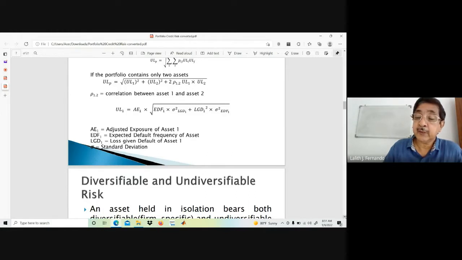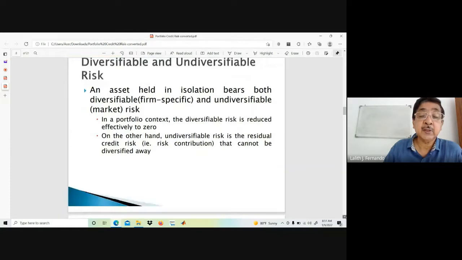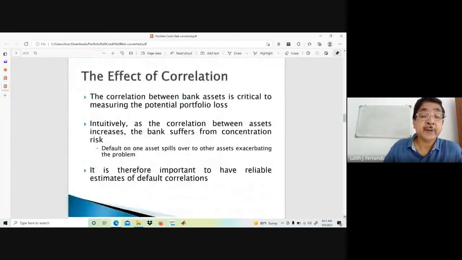Now, I think we discussed diversifiable and undiversifiable risk and the effect of correlation. The correlation we refer to is the correlation of default. Intuitively, as the correlation between assets increases, the bank suffers from concentration risk.